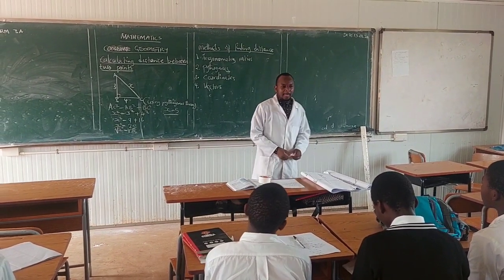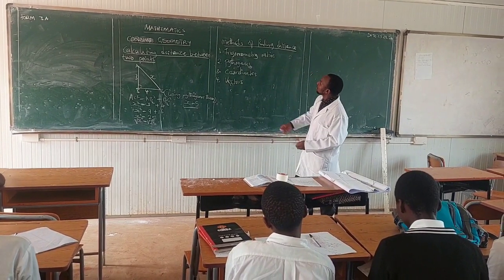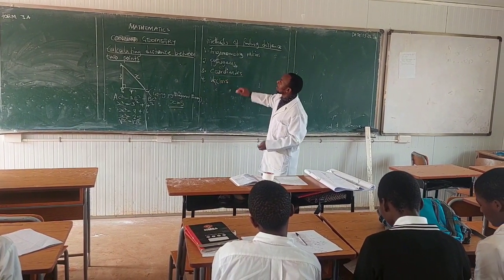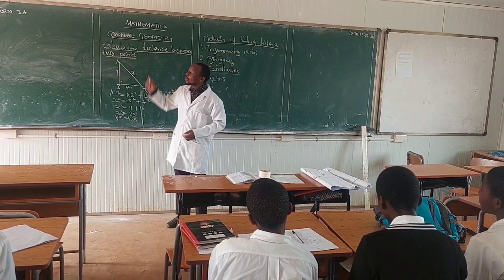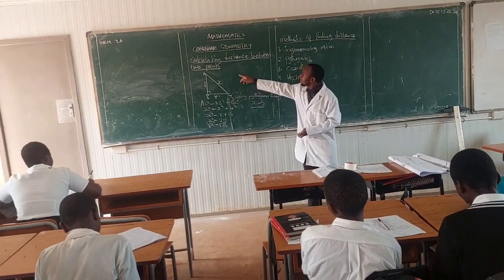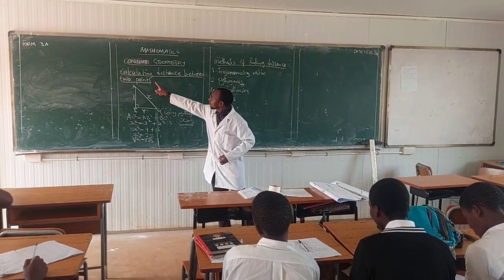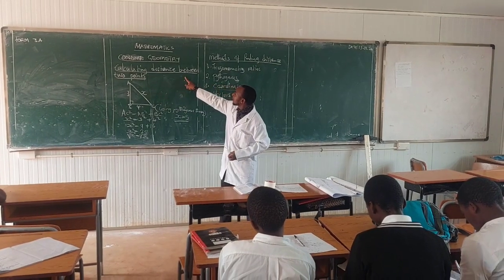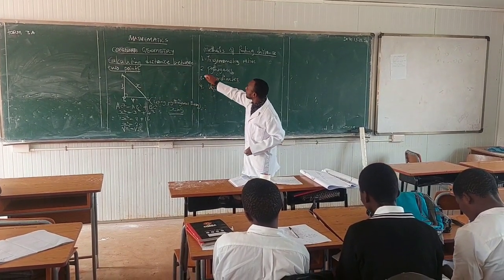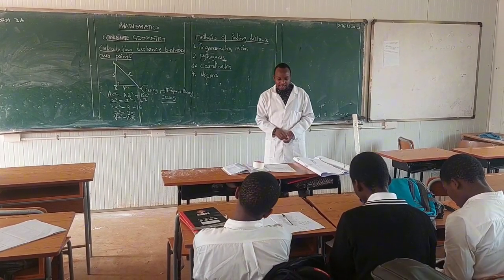Are we together? Today we are going to calculate distance by using coordinates, according to the topic coordinate geometry. We are going to use method number 3, which talks about the coordinates.